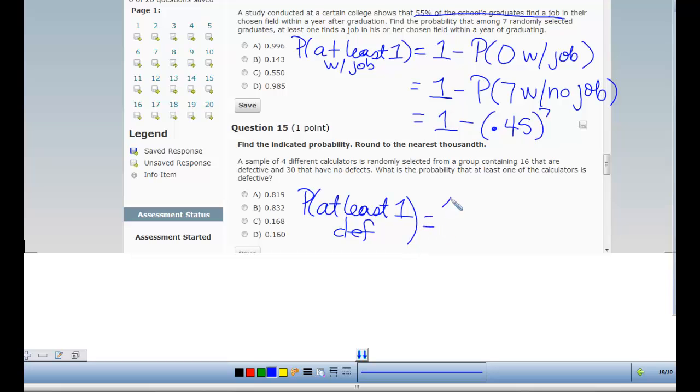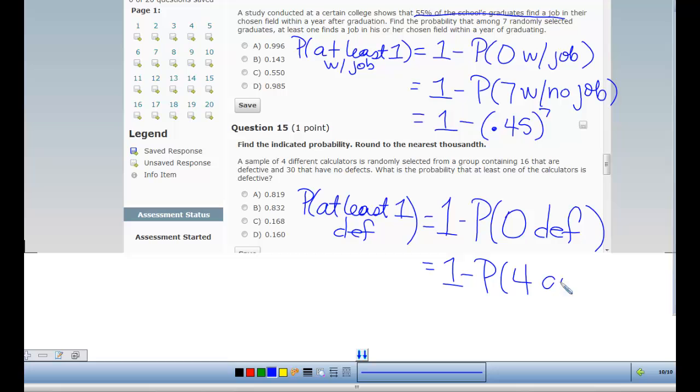So we get 1 minus the probability of what? 0 defective, right? It's 0 of the same type item, which means if I am selecting 4 calculators, then they must be 4 what kind of calculators? No, 0 are defective. Working. Probability of 4 good calculators.